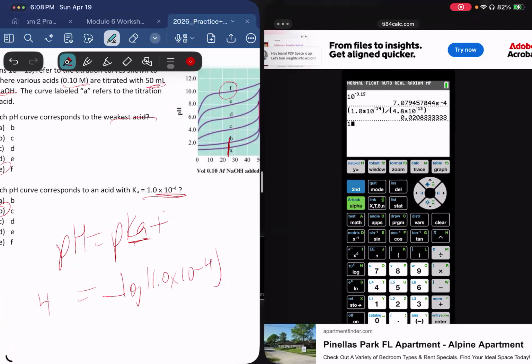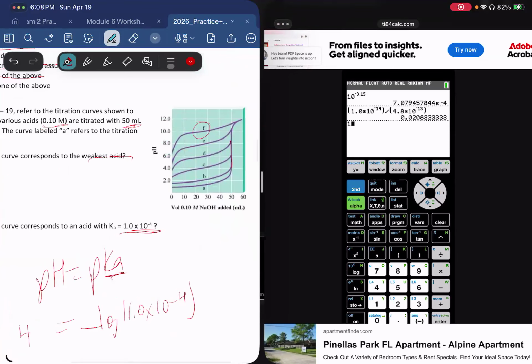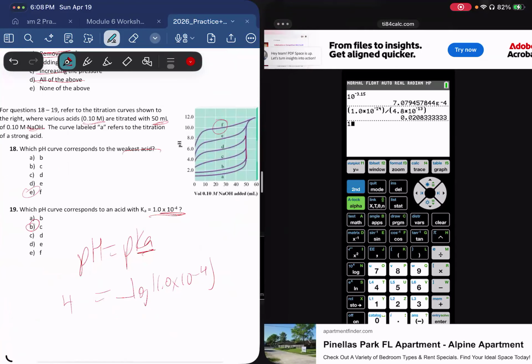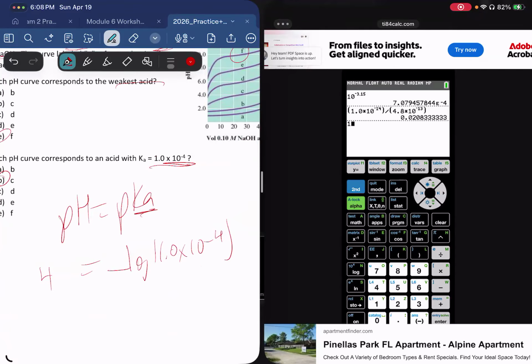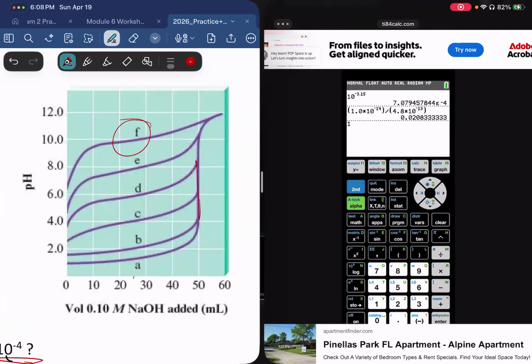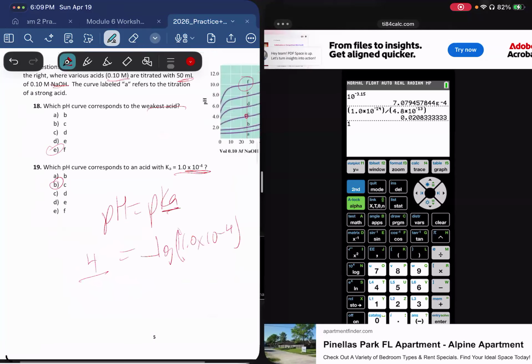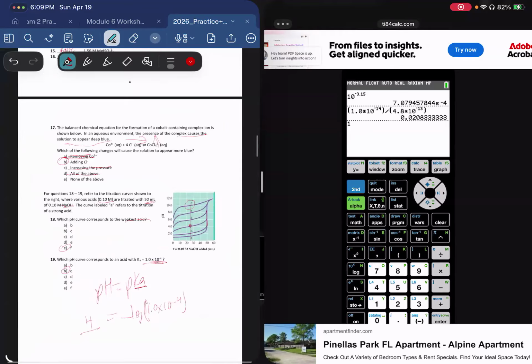And that pH will allow us to identify the acid and answer the question, if that makes sense. So when I add the Ka value to the formula, I see that it equals 4. Then I just have to figure out which acid at the half equivalence point has a pH of 4. In this case, C is going to have that. Okay, does that make sense? Yeah, yeah. Thank you so much. No problem. Any other questions?